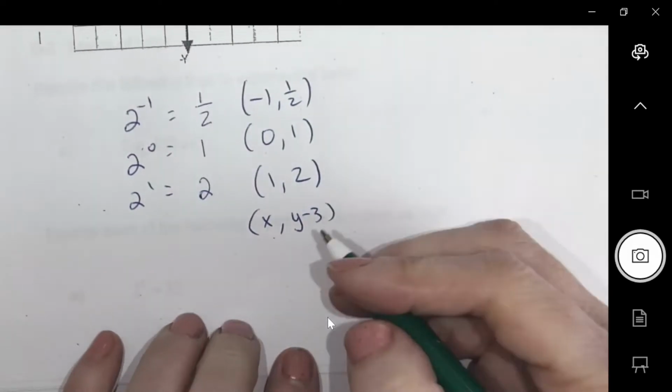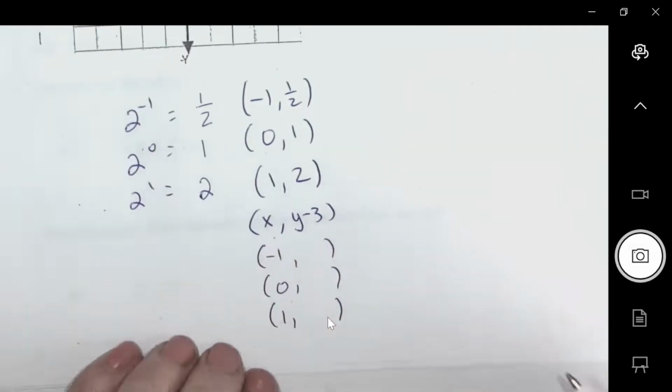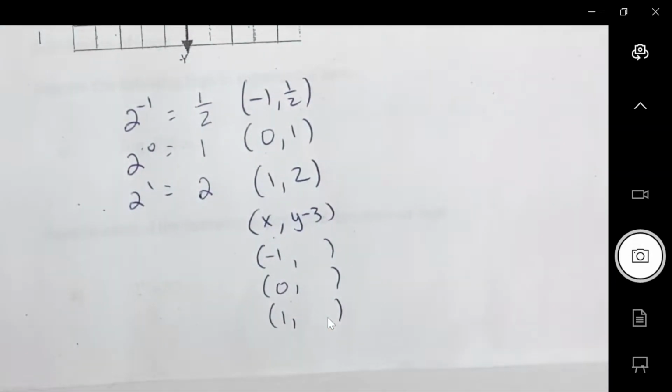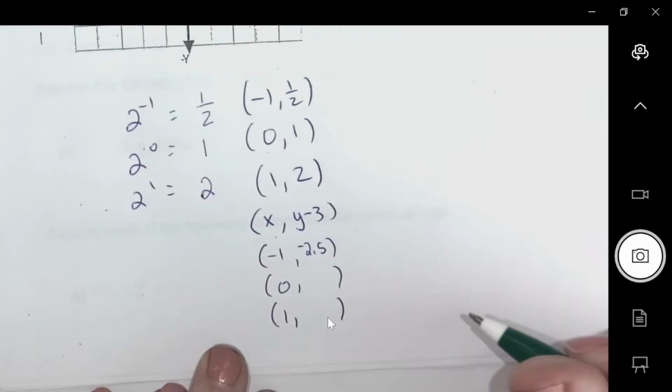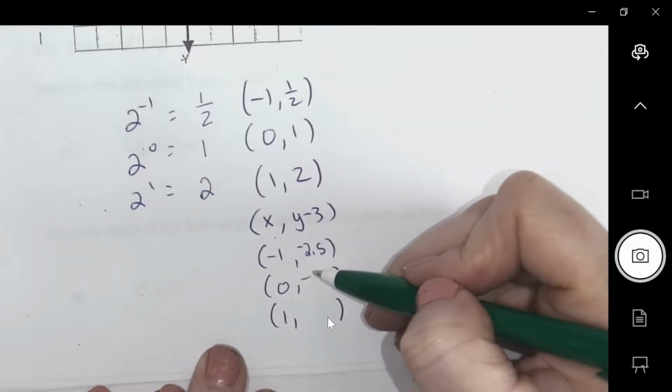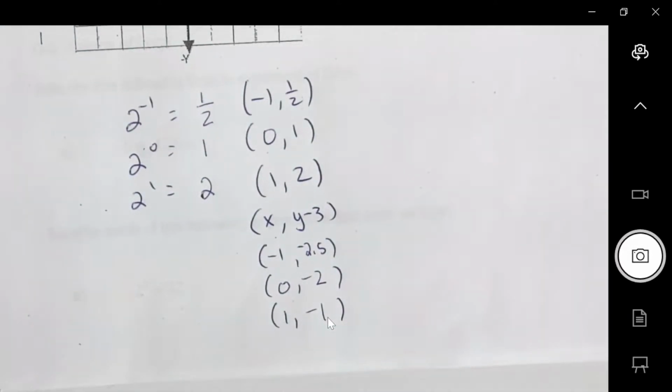Down 3. Okay, a half minus 3. 1 minus 3. 2 minus 3. Okay, then I'm going to draw those 3 points.